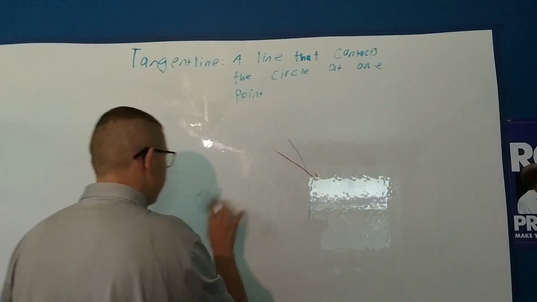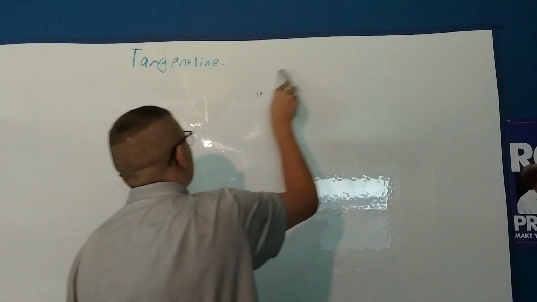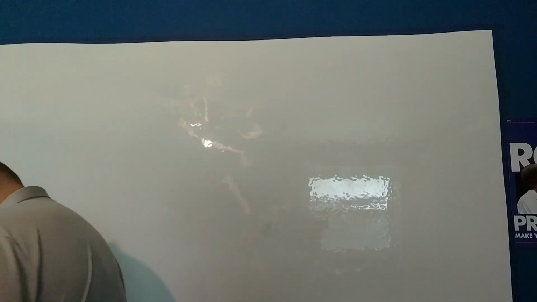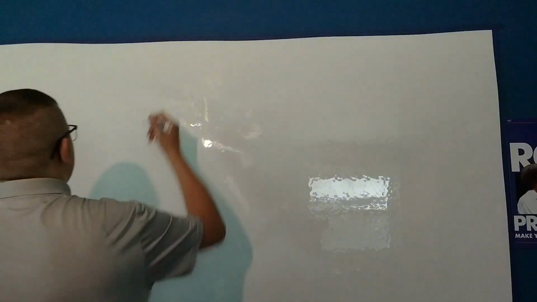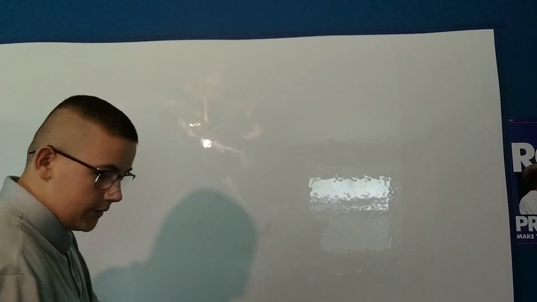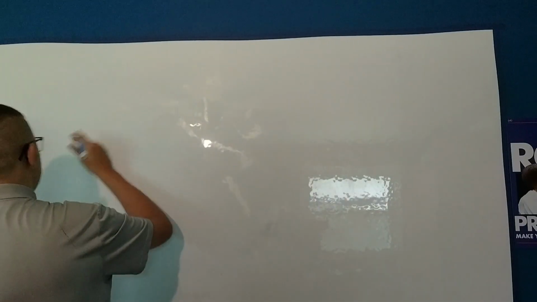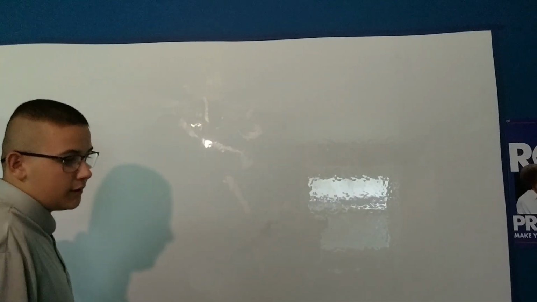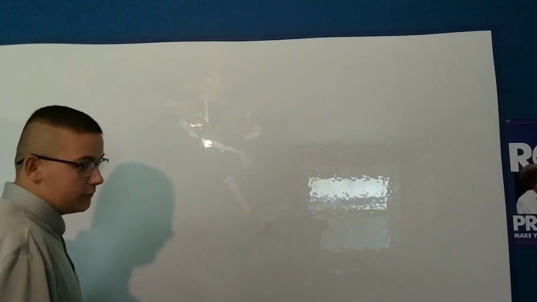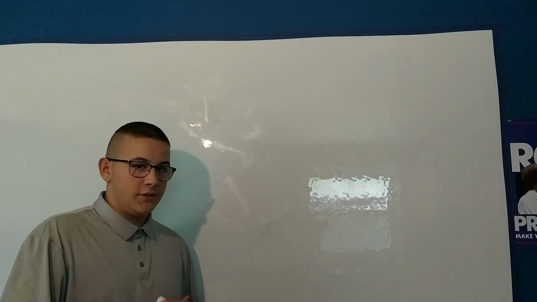And then finally, the secant line. And these lines are named after trigonometric functions. And I'm not going to get into why. But the tangent we already talked about, the secant is the opposite of the sine, right?